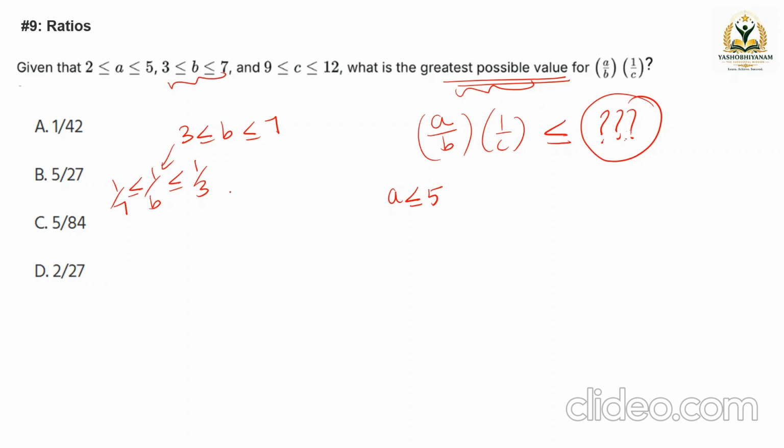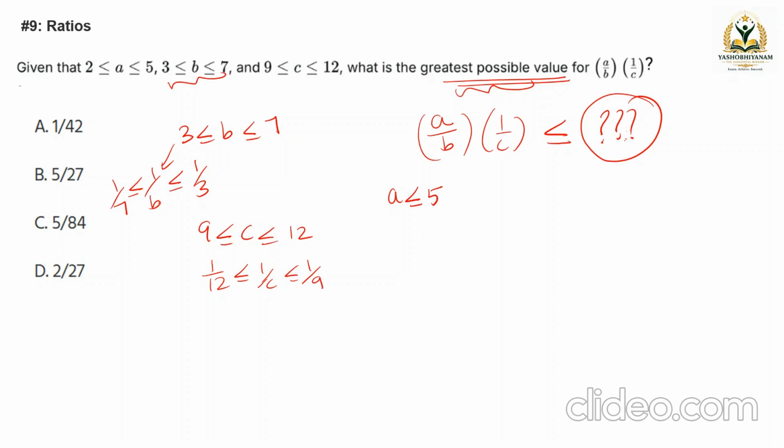Similarly, if you have 9 less than or equal to C less than or equal to 12, when I take the reciprocal, I would have 1 over 12 less than or equal to 1 over C less than or equal to 1 over 9. Remember that multiplying by a negative number or reciprocating will always change the inequality in the case of numbers. Understood? Either you multiply by a negative number or you take the reciprocal, either way, the inequality would reverse.